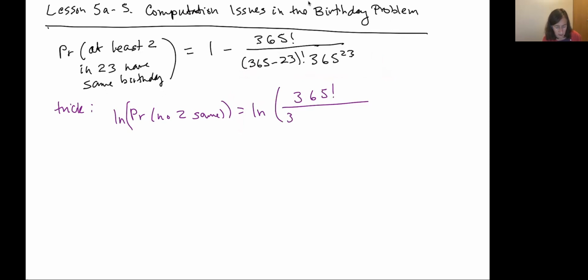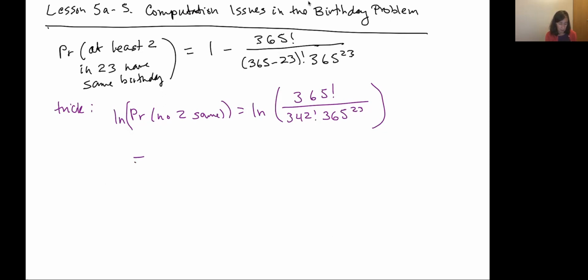Let's just do the subtraction. It's 342 factorial times 365 to the power 23. And why am I taking the log? Because the log lets me take apart those big products and turn them into sums, and the quotients and turn them into differences. And the log is just going to bring down the values of all those really big numbers in a very nice way.